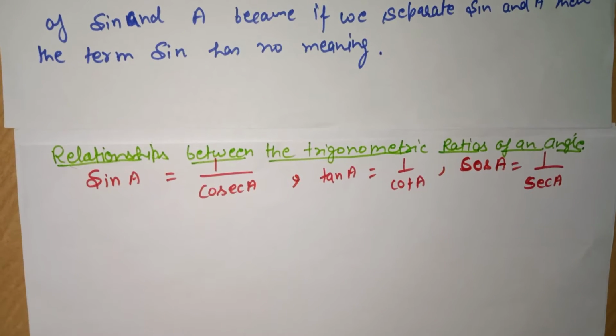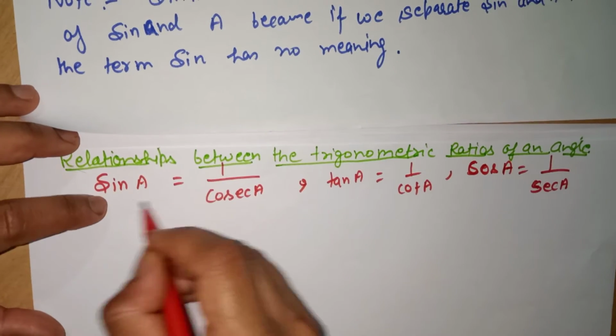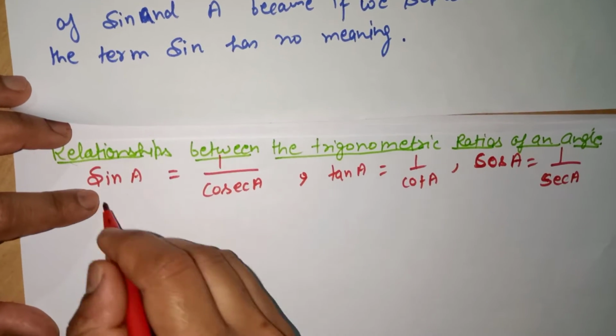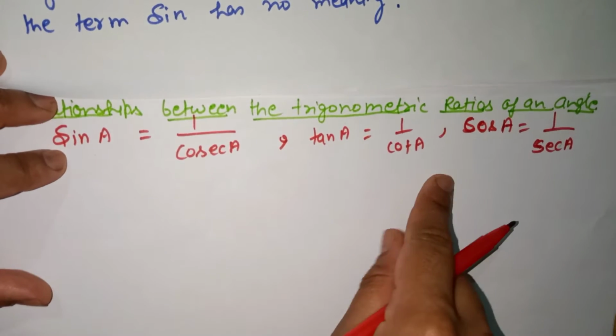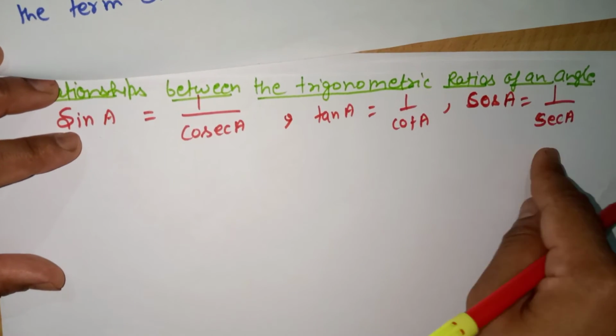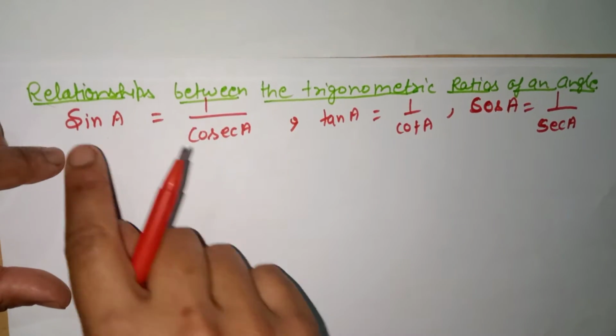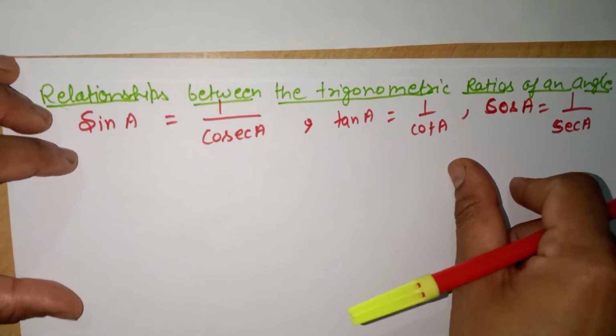If you remember from the previous video, we found that sin A and cosecant A are the inverse of each other, and similarly tan A and cot A are the inverse of each other, and cos and secant are inverse of each other. So this is the relation between these trigonometric ratios.